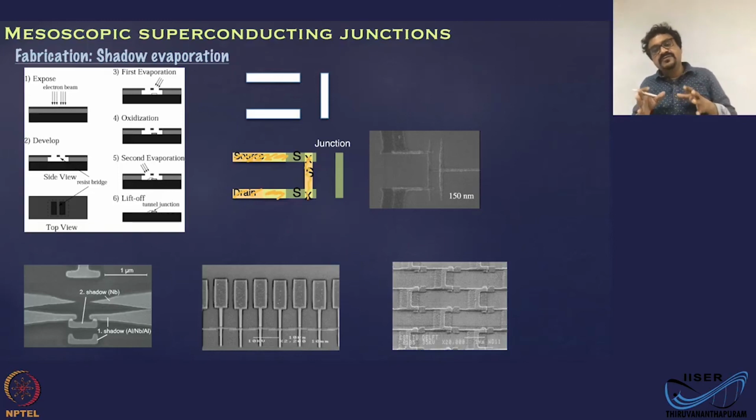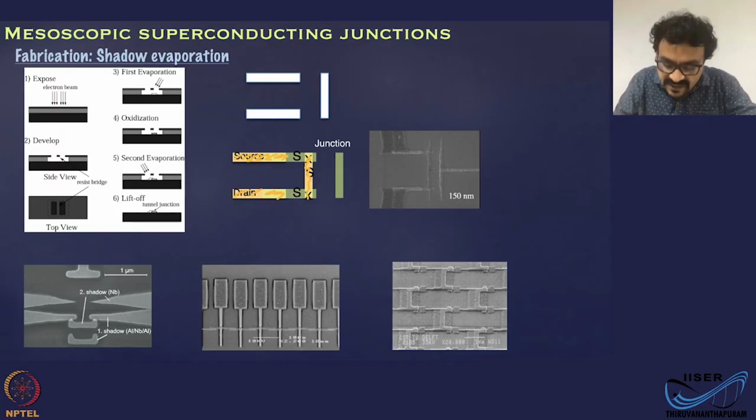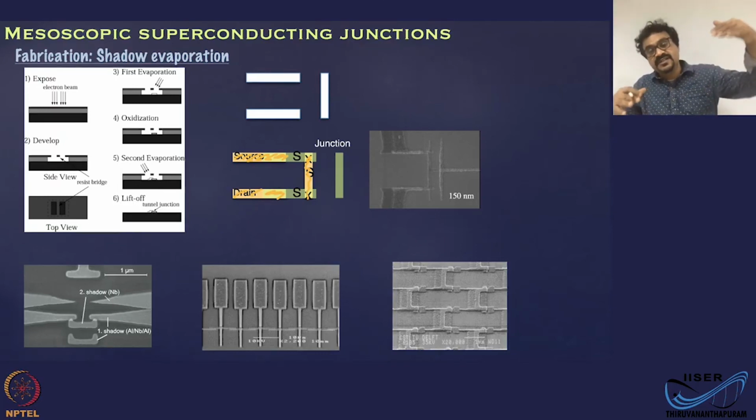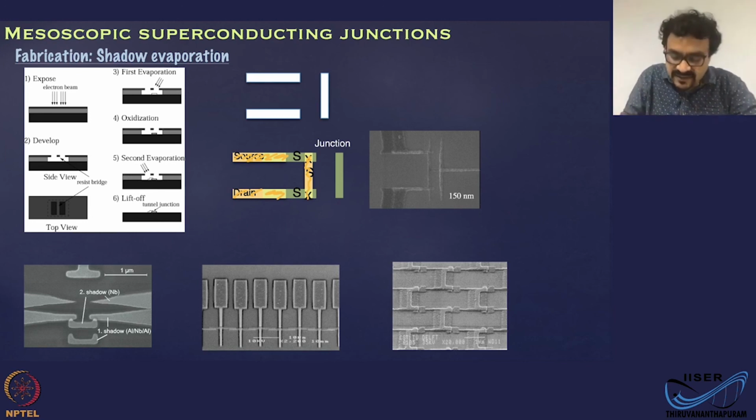Then you have oxide on top of it, and the next evaporation, because that is done at a different angle, you will get a displaced pattern which looks more like the green thing here. Okay, this you don't need to worry about. This is a floating piece of metal which is not going to be a part of the circuit.